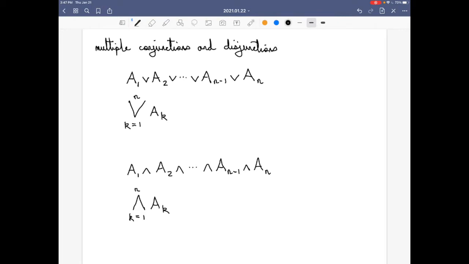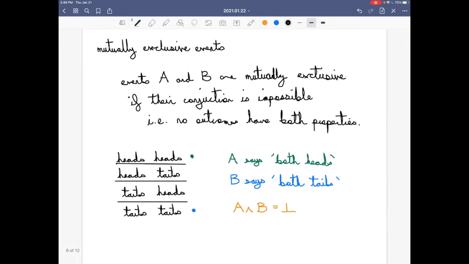So if we use the ellipsis for a long disjunction, we mean A1 or A2 or A3 up to or AN, and we may do it with a big symbol and a counter variable K for the loop that we're running, indexing the events, when we use the large prefix.